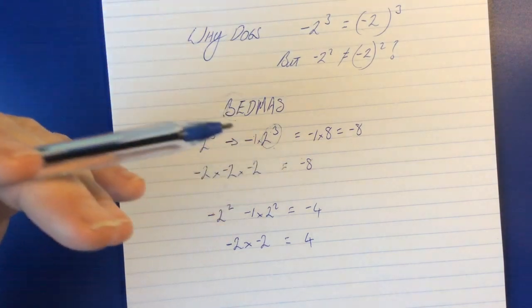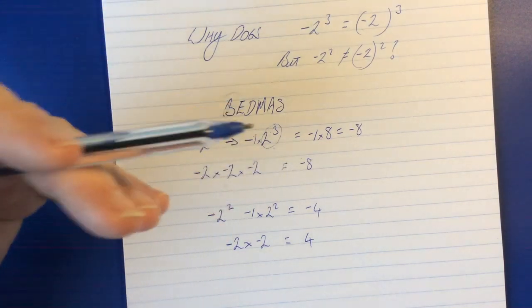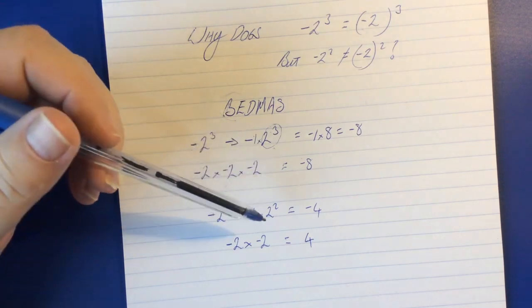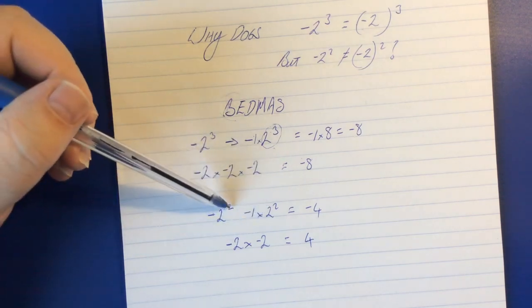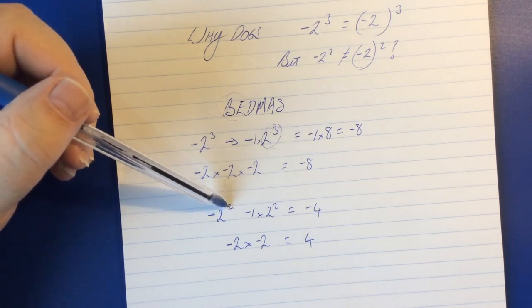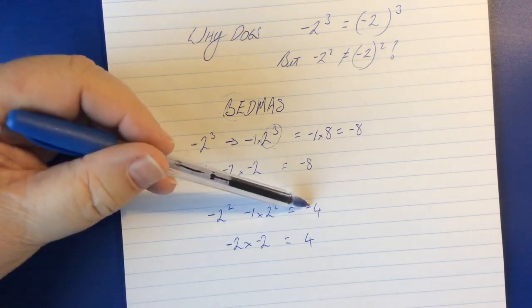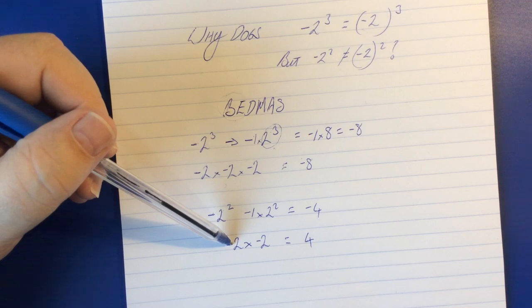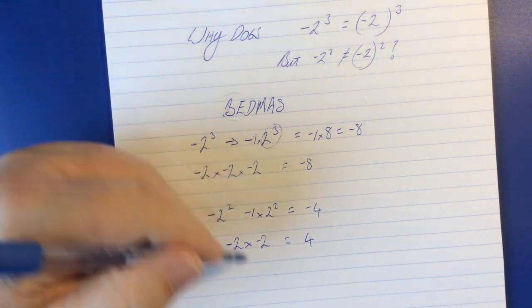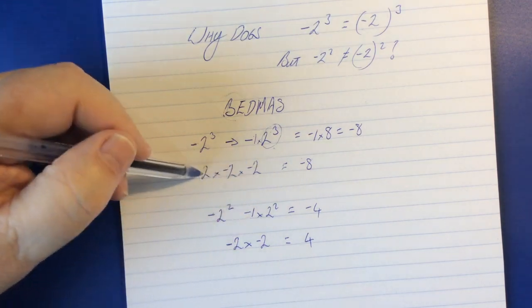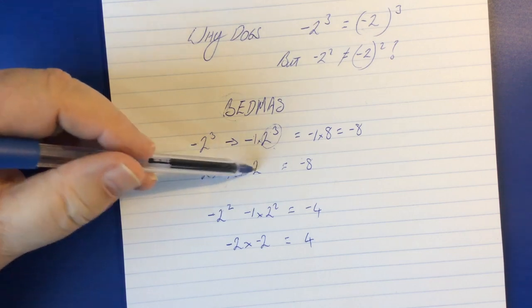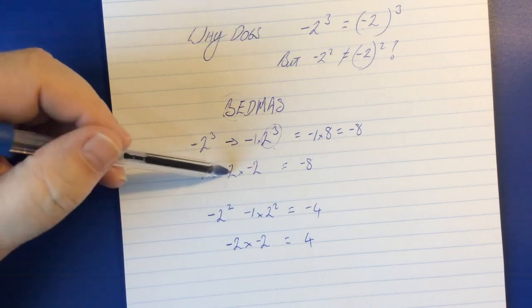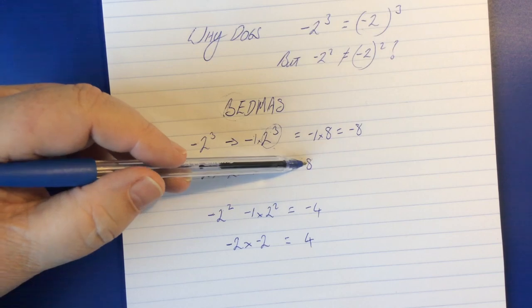But you can extrapolate this rule to the following. It doesn't matter what sort of power you put here. You're going to get a negative result. It does matter what sort of power you put here. So if we go back up to here, you'll see that we had an odd power, -2 times -2 times -2 times -2. That gave us -8.